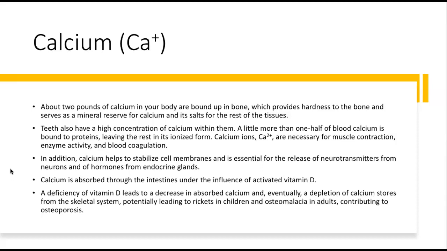If you have a deficiency of vitamin D, that could lead to a decreased amount of absorbed calcium and eventually a depletion of calcium stores from the skeletal system, potentially leading to rickets in children and osteomalacia in adults, contributing to osteoporosis, or what that means is holes in your bones, creating weakened bones.